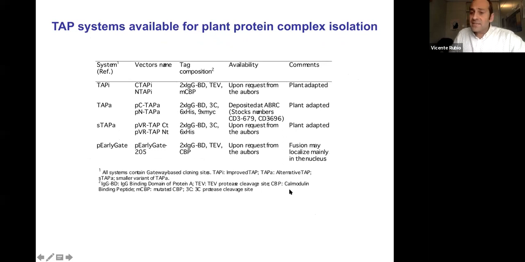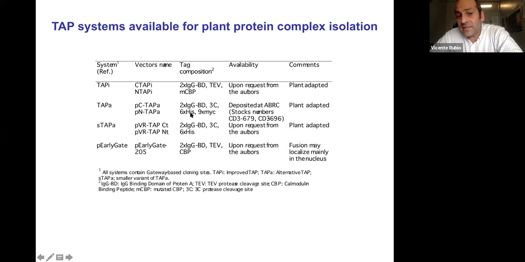So different systems were developed a few years ago for TAP purification in plants. The one that I developed, which we call the alternative tandem affinity purification system, uses two IgG binding domains, and we also have two different epitopes that allow different alternatives for a second affinity purification step.